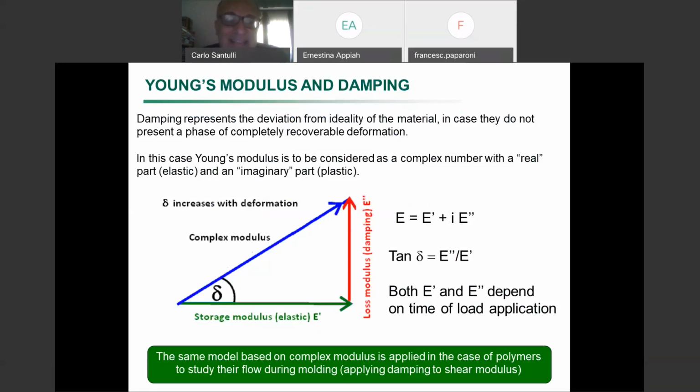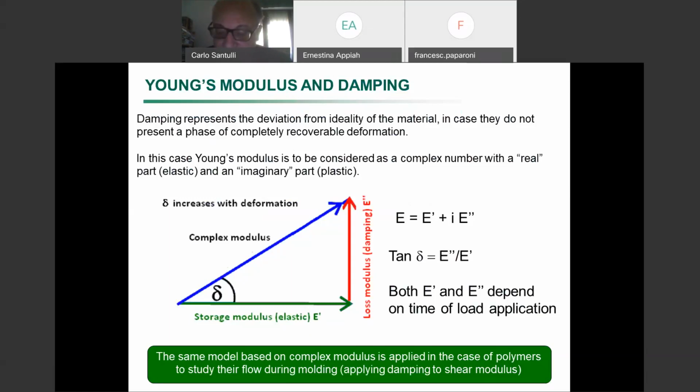And delta increases with deformation, with time of application of the load and the deformation. And it has some influence also with temperature. So delta, if you remember the study of angles and the study of sine and cosine and tangent, of course.